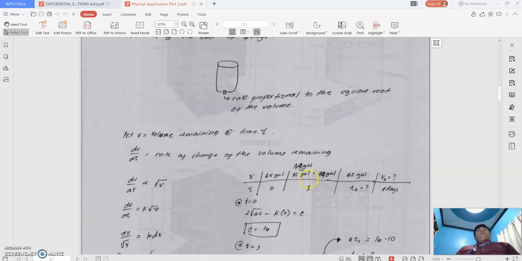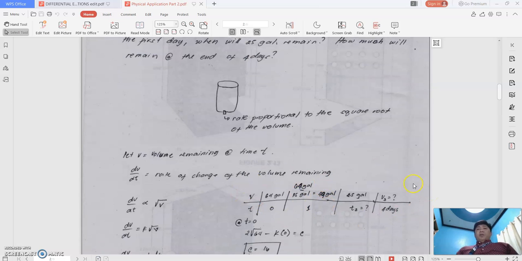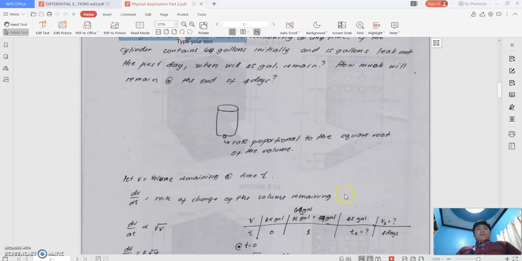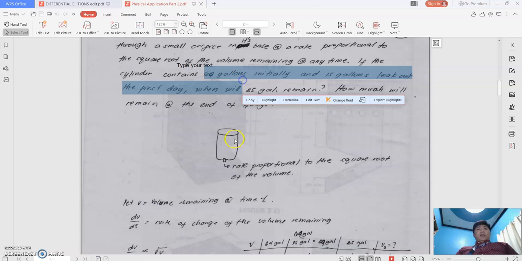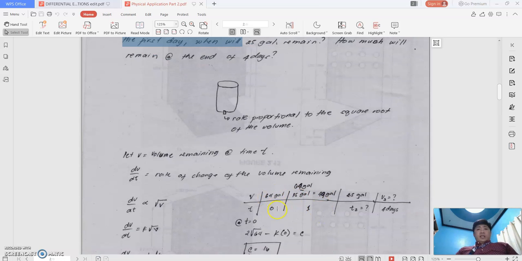After that, we make our table so that we could understand the variables or values that we need to solve. The first one is at initial time. Initially this container contains 64 gallons of water, so 64 gallons at time 0.